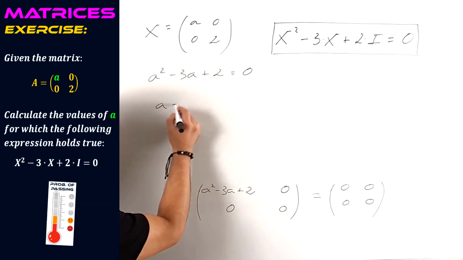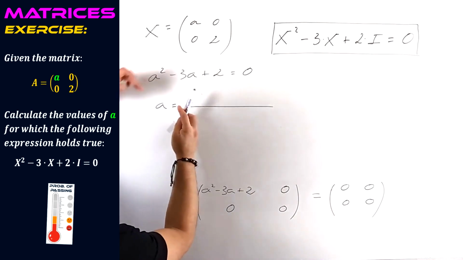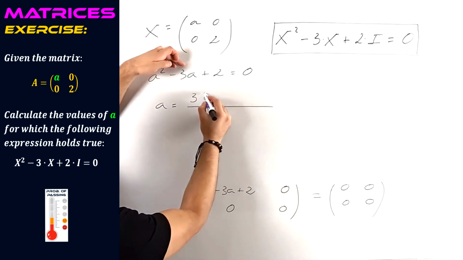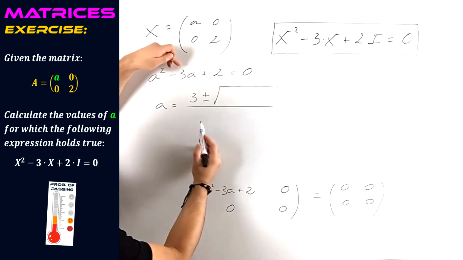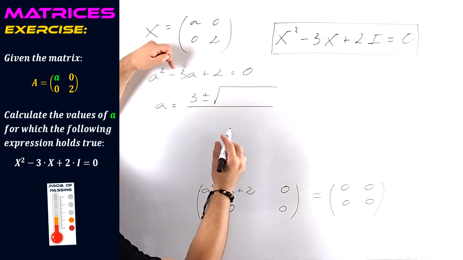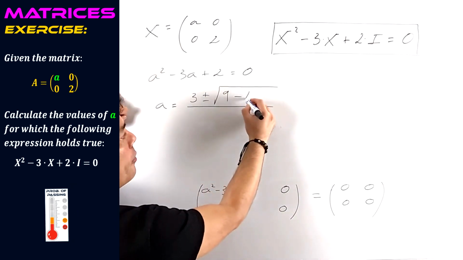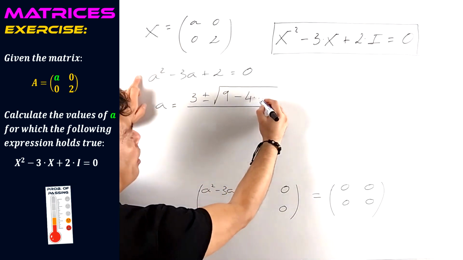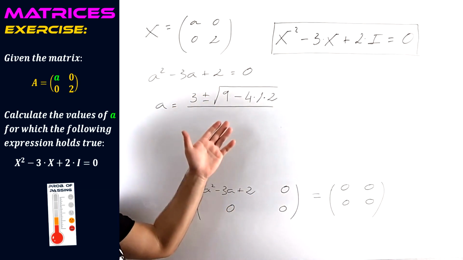A equals minus B, that is 3, plus or minus the square root of B squared, that is 9, minus 4 times 1 times 2, right?